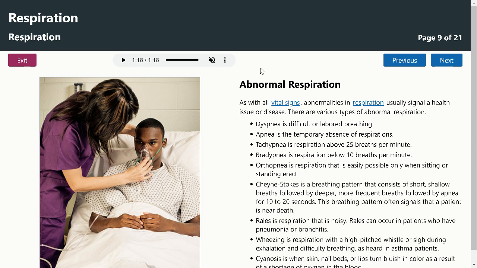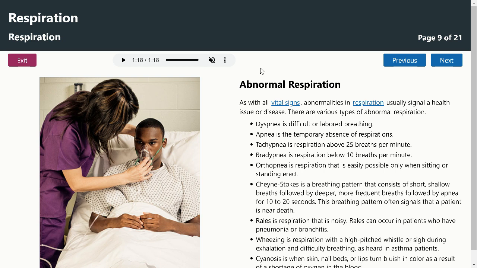Tachypnea is respiration above 20 breaths per minute, and bradypnea is below 10 breaths per minute. So we know normal is 12 to 20. We'll tolerate about 22, 24, but once you get above 25, we'll say you're breathing too fast. That's tachypnea. Twelve is normal, so 10 would be slow respiration.